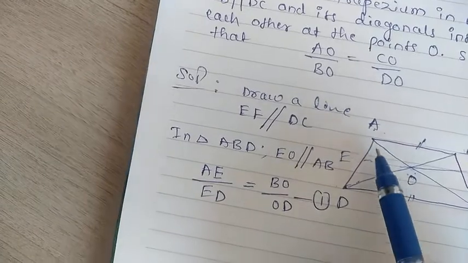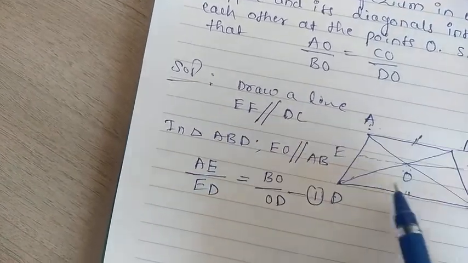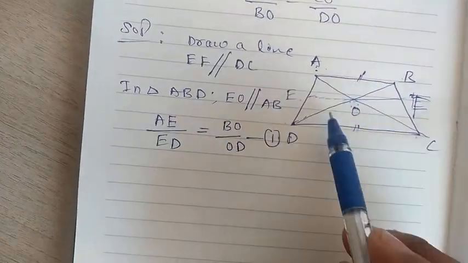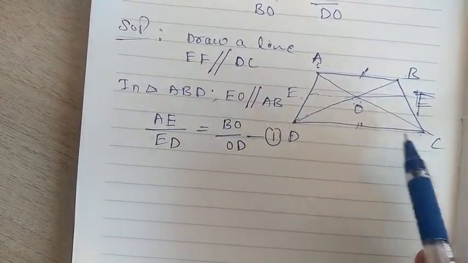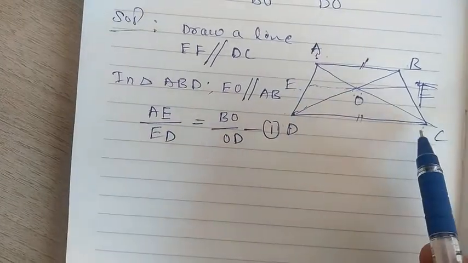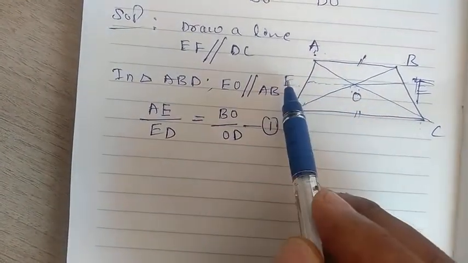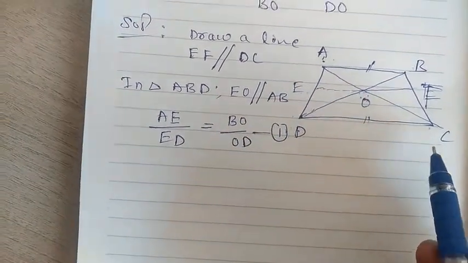Now similarly in triangle ADC, again EO is parallel to DC. Correct, children? Here in triangle ADC, EO is parallel to DC because you already drew EF parallel to DC, which means EO is also parallel to DC.